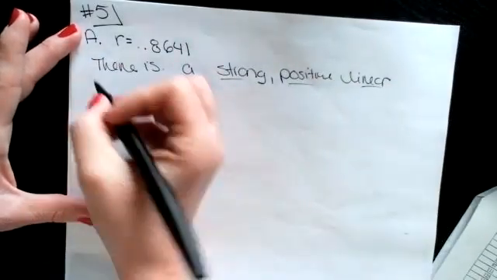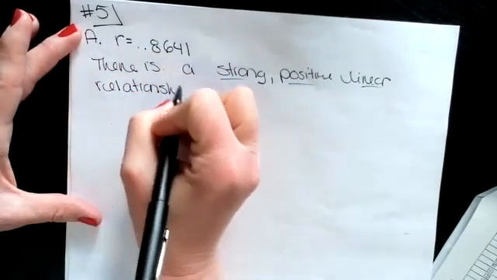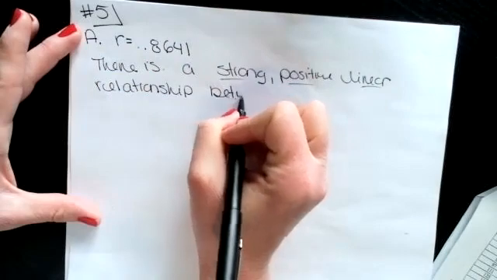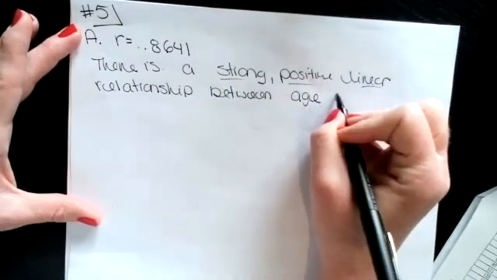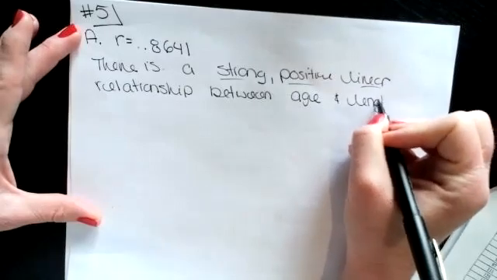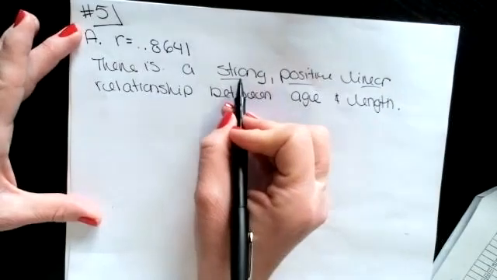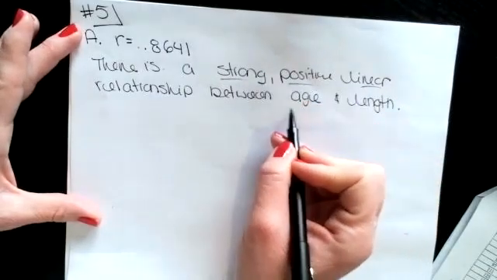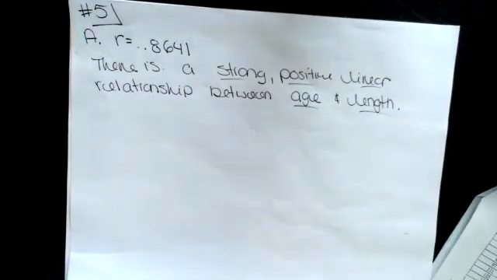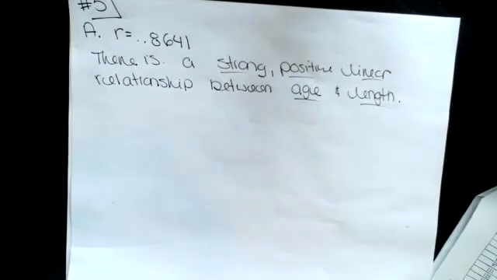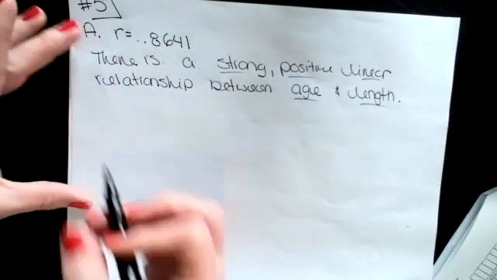Strong positive linear relationship between age and length. There it is. So when I'm grading something like this, I look for strong positive linear, age, and length. I will look for the context of that problem. Okay. That's my interpretation of this number. It's what it means to me for this problem.